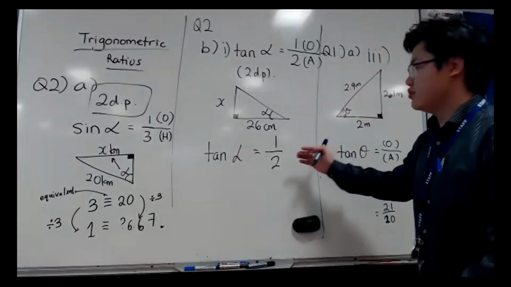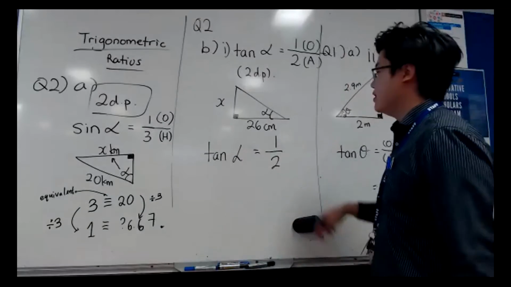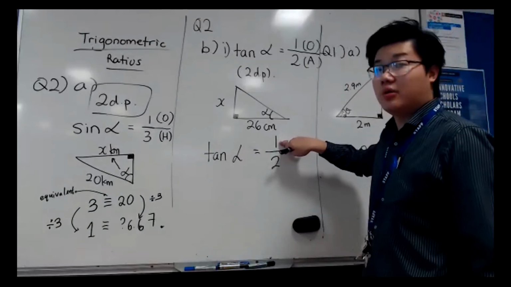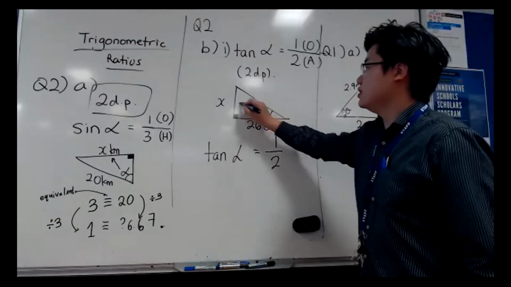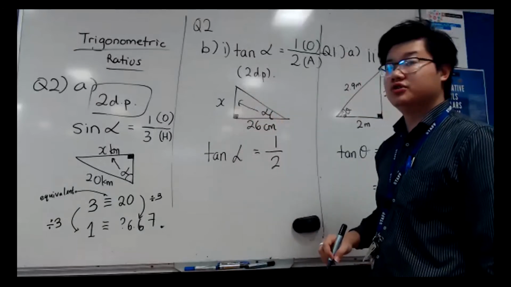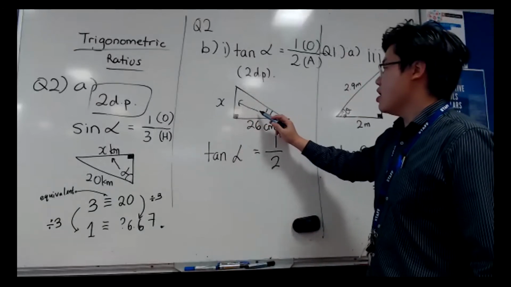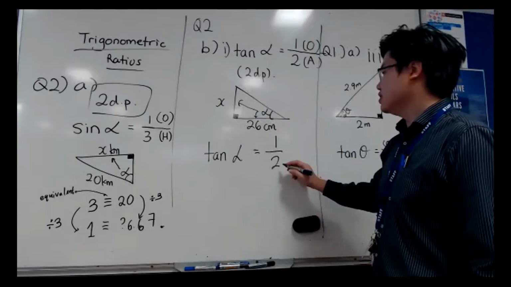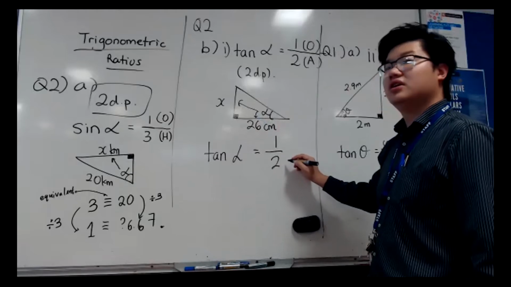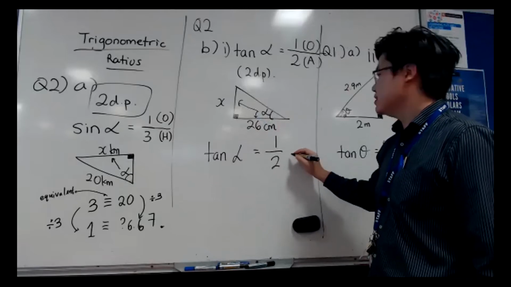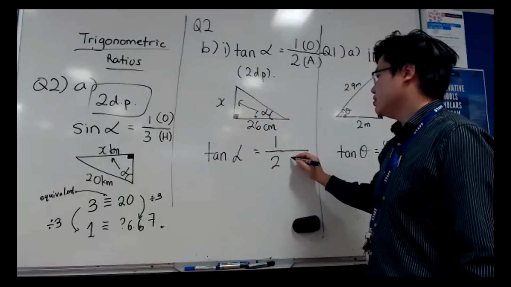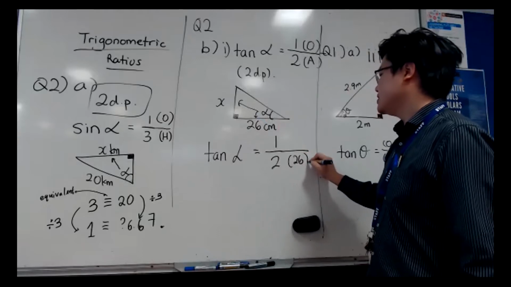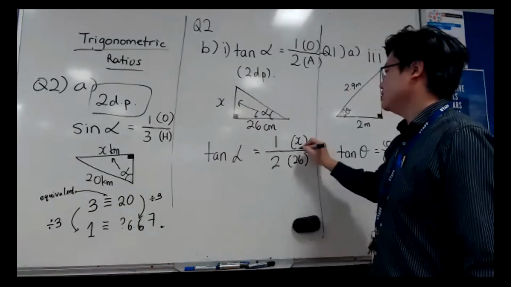They've given you the ratio. That's opposite, that's what we're looking for, X. What's that? Adjacent. Adjacent is 26.